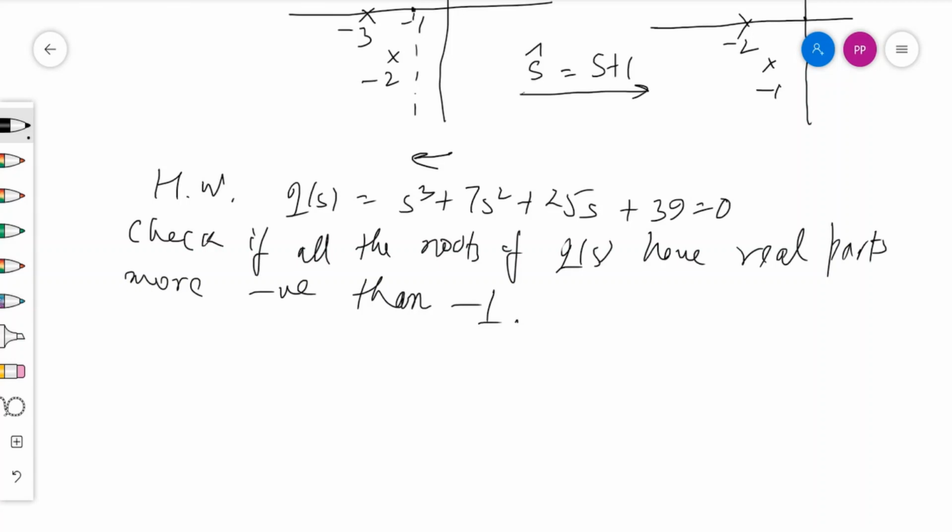So this is another problem which you need to solve by shift of origin.